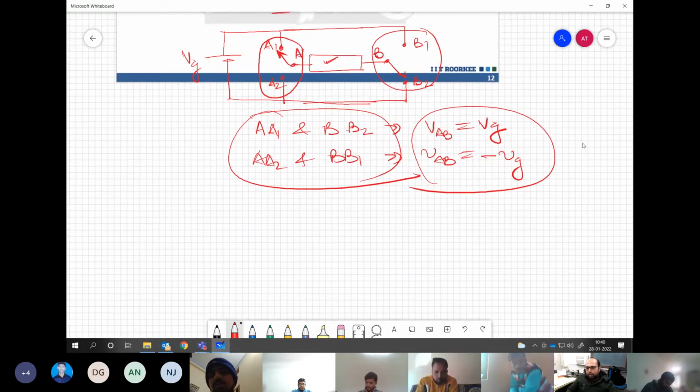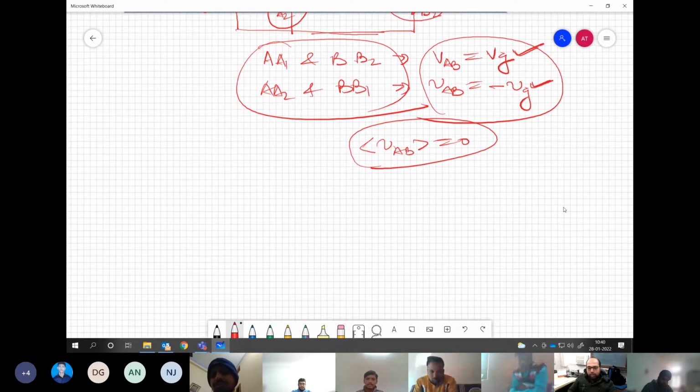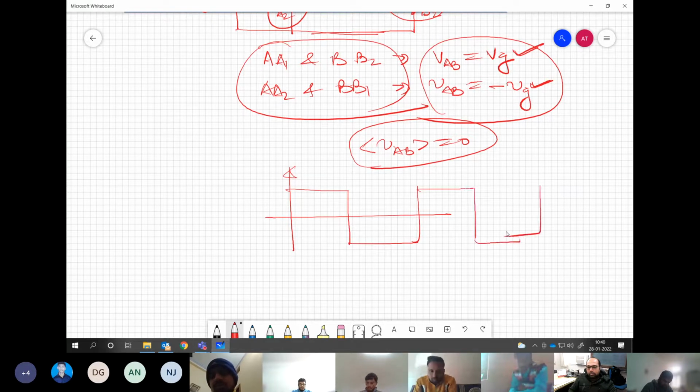Now you have this different polarity over here in the output, and as long as you maintain VAB average equal to 0, which means what? You are alternatively generating positive and negative cycles of the voltage. In the simplest manner you can generate the AC voltage.